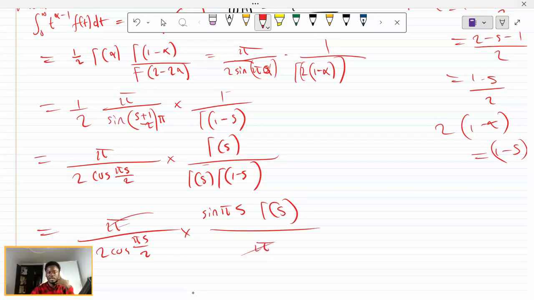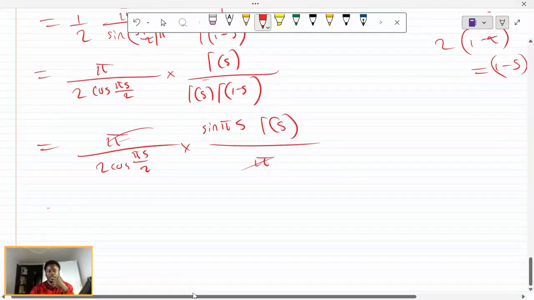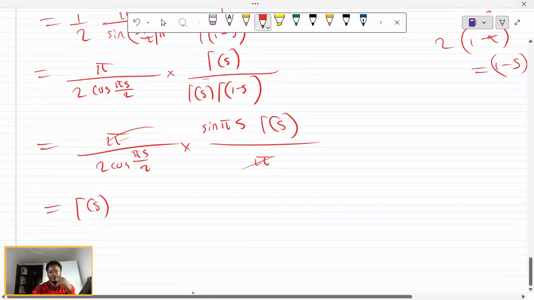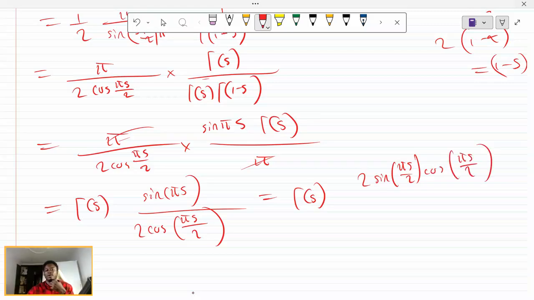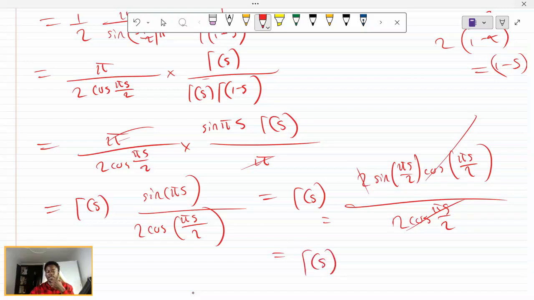When the pi's cancel out, we can factor gamma of s, so you have gamma of s, then sine pi s all divided by 2 cosine of pi s over 2. We can write this as gamma of s times 2 sine of pi s over 2 cosine of pi s over 2 all divided by 2 cosine of pi s over 2. So we can cancel the 2 and the cosine. So you have gamma of s, then you have sine pi s over 2.